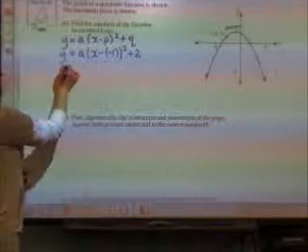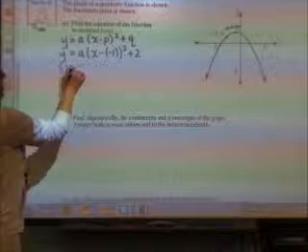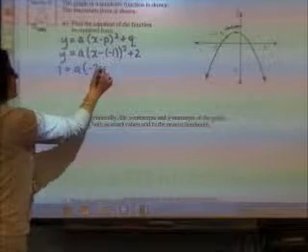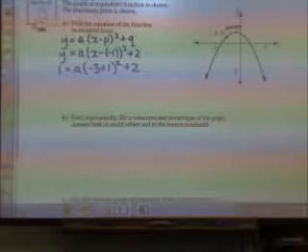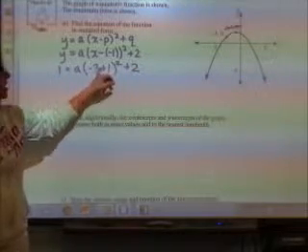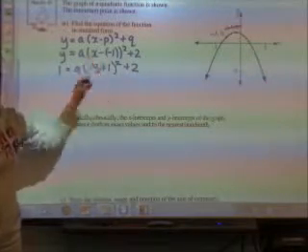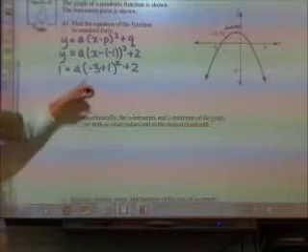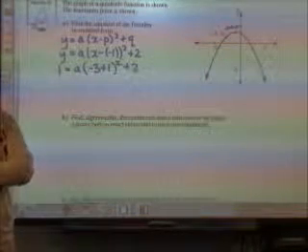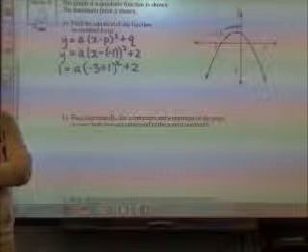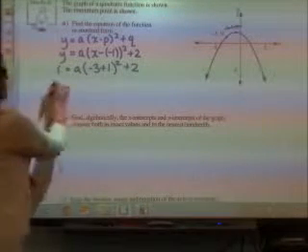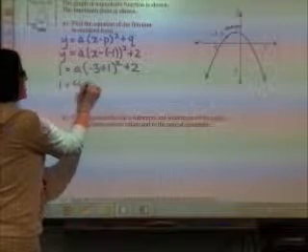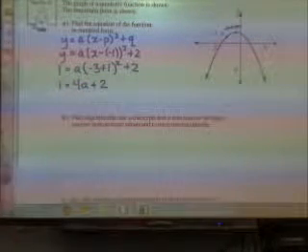So if y is equal to 1, when x is equal to -3, the statement has to be true. And all I did is I changed this minus -1 into a +1. So -3 plus 1 is -2, and -2 squared is 4, so I get 1 equals 4 times a plus 2.